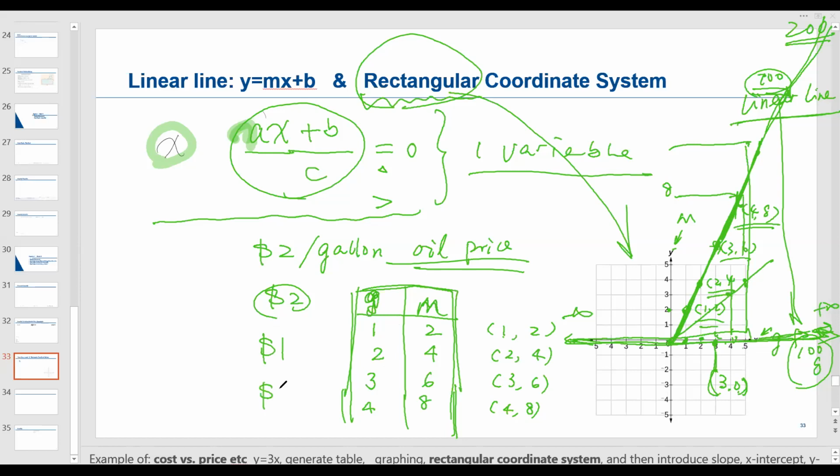If the price increases to $3, it will switch to this. For 1 gallon, you need to pay $3. If you buy 2 gallons, you pay $6, right? So your linear line becomes a different angle, the slope gets bigger and bigger, right? So we will talk about the slope.